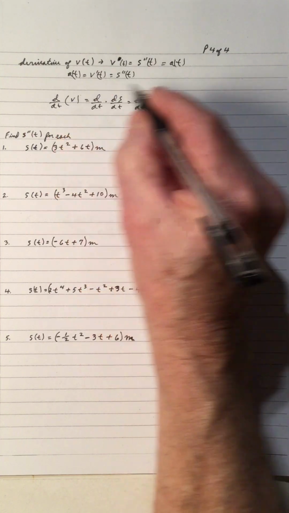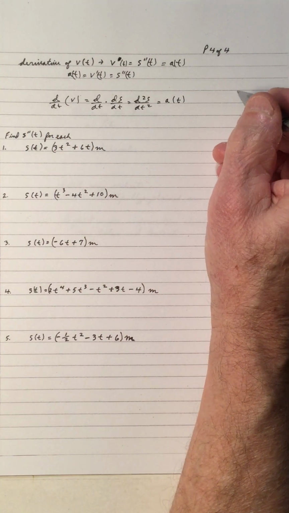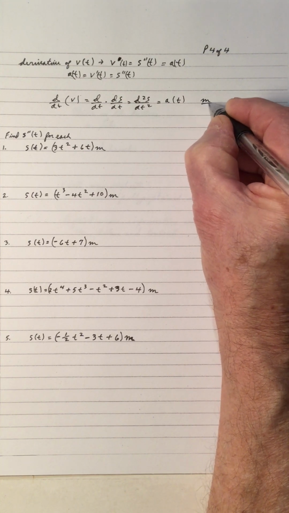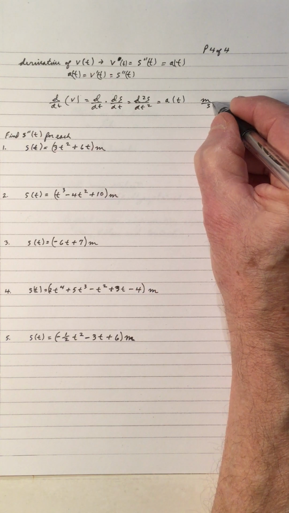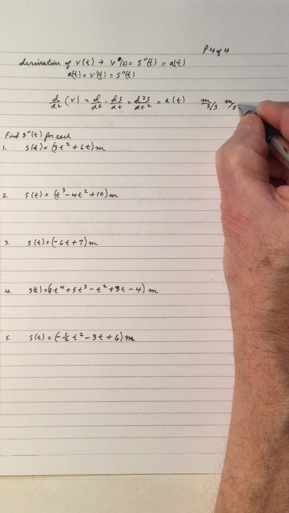And the derivative of the velocity is the acceleration. Remember, velocity is meters per second.